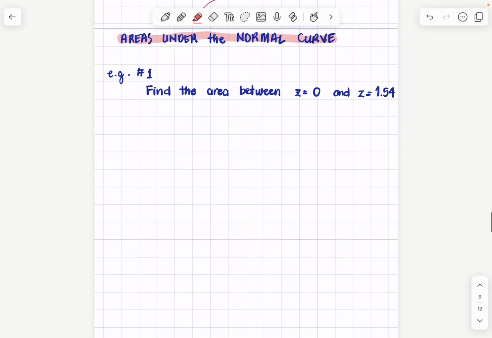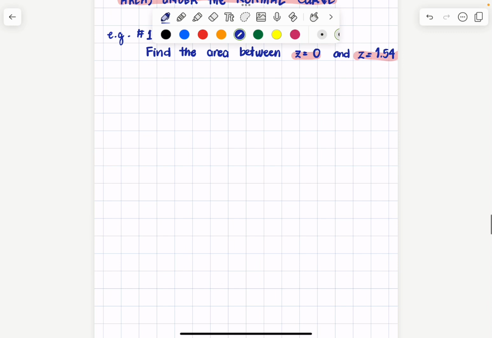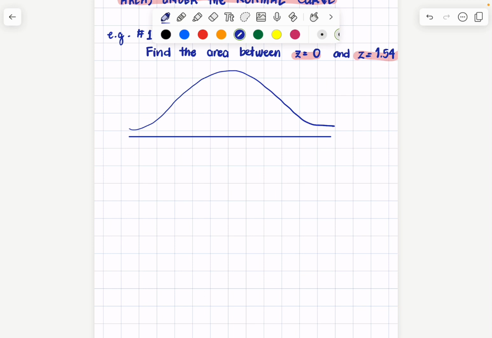So let's say nga naataan ni nga question. Find the area between z is equal to 0 and z is equal to 1.54. So the first step here is to draw or sketch your curve. So gamunsa na siya nimo para makita nimo tarong unsa ang itsura or asa ang gipangitaan ni nga part. So draw your curve.